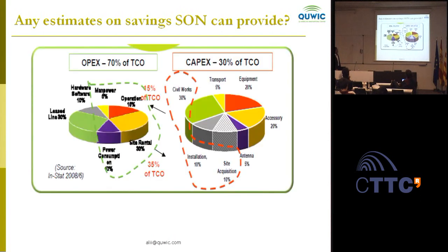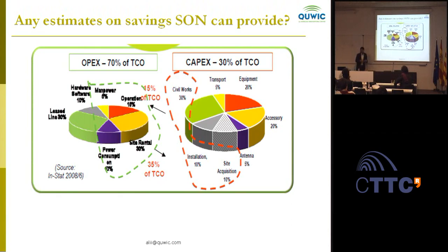There are some reports. To understand that, we need to understand the total cost of ownership for a cellular network in terms of operators. 70% of the cost is OPEX over the life of a cellular system, which is counterintuitive.